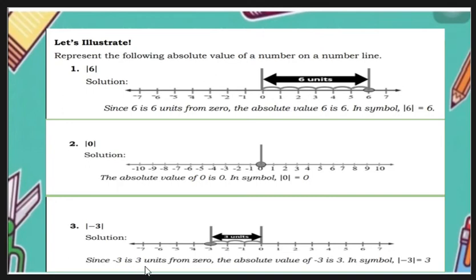Since negative 3 is 3 units from 0, the absolute value of negative 3 is 3. In symbol, the absolute of negative 3 is equal to 3. Let's count 3 units: 1, 2, 3. Therefore, the absolute of negative 3 is positive 3.